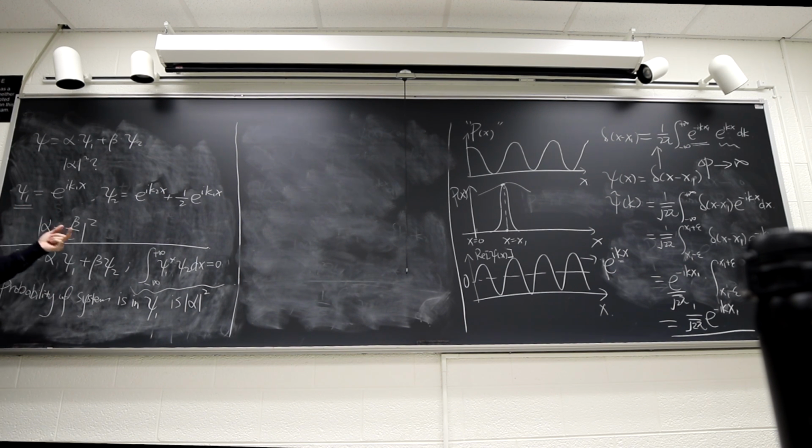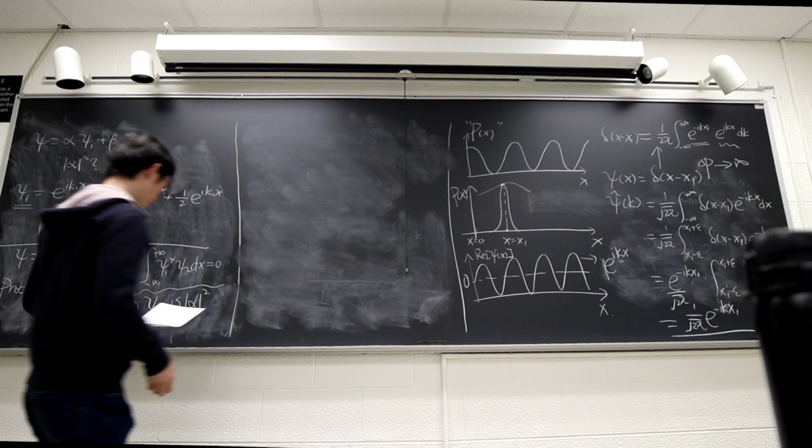Then you know the probability of this system being in this state is associated with measuring momentum equal to h bar k1. So there's a measurement you can do to figure out the state of a system.